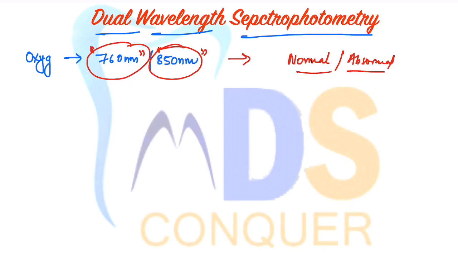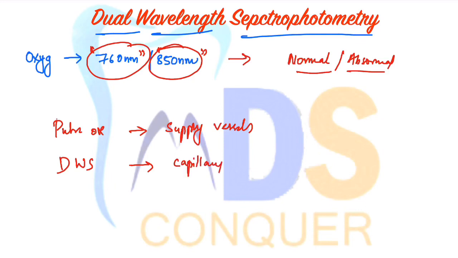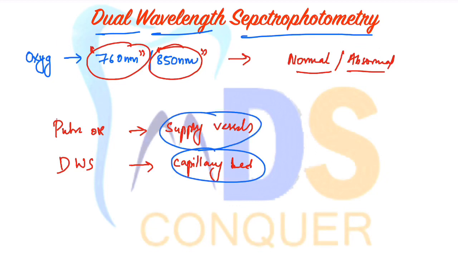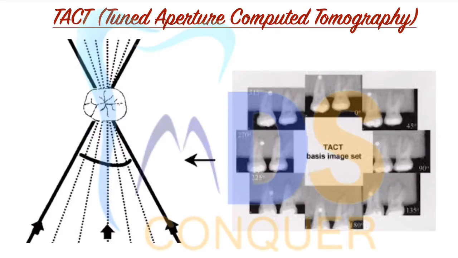Most of your pulse oximeters depend upon the supplied blood vessels, whereas your dual wavelength spectrophotometer depends upon the capillary beds. So that is the main difference between the two types of devices, which almost work on the same principle.